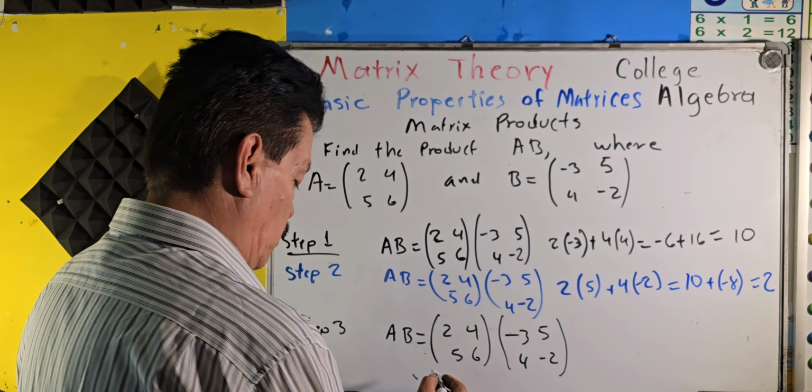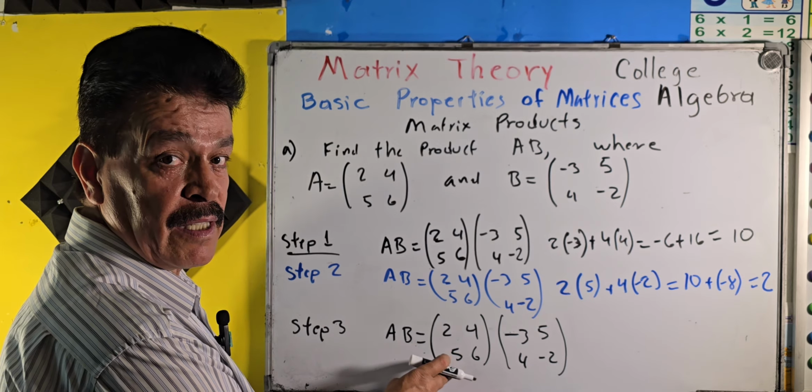Now we have to multiply, starting with the bottom number 5.